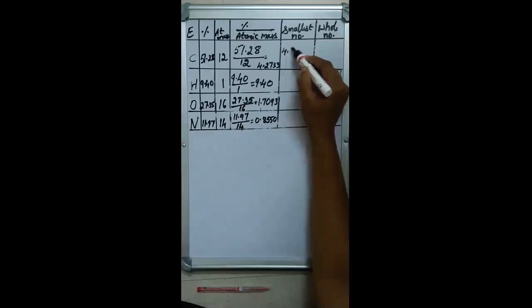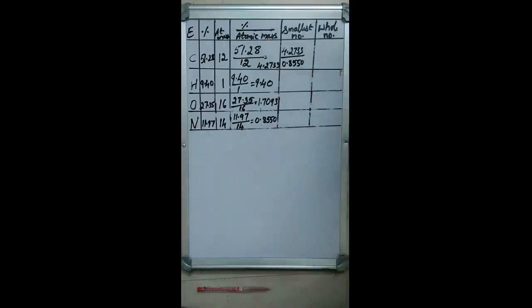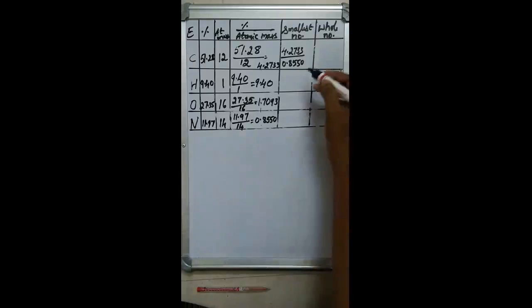Each answer is divided by the smallest number, that is 0.8550. Okay, 4.2733 divided by 0.8550. Now do it by yourself.